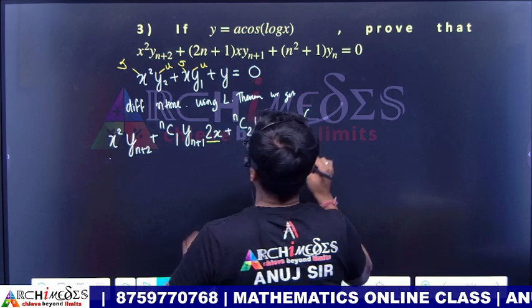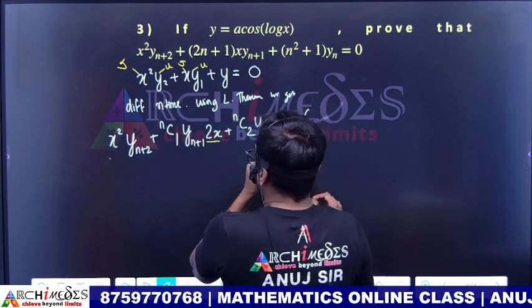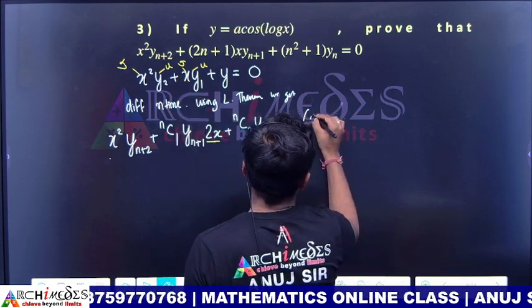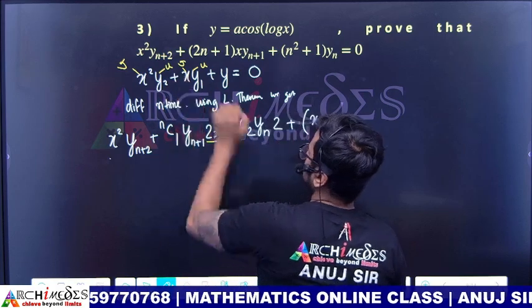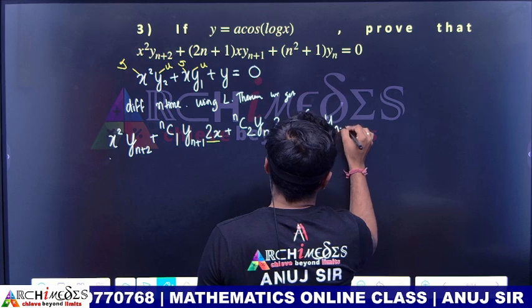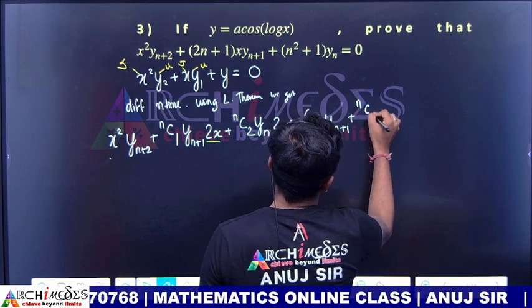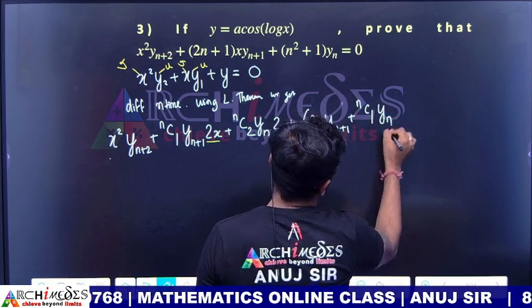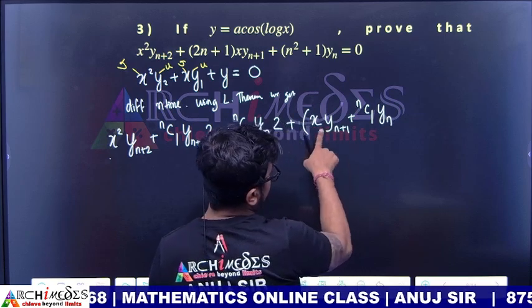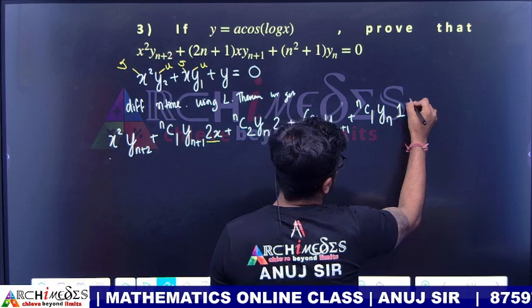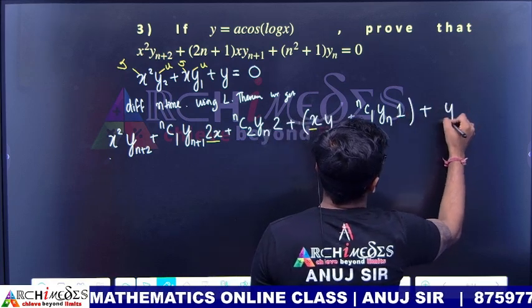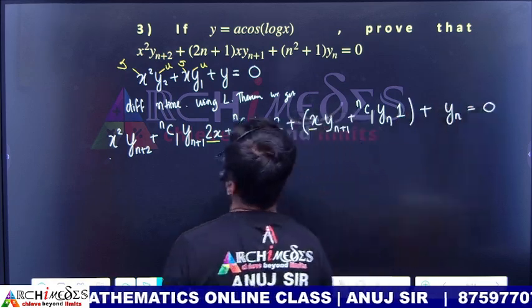Plus again here x y1. So x as it is, y n plus 1 plus nC1, decrease the y suffix, that is y n only. If you differentiate x, it becomes 1. After that, you don't have to do because it becomes 0. And if you differentiate y, it becomes yn. Any doubt?